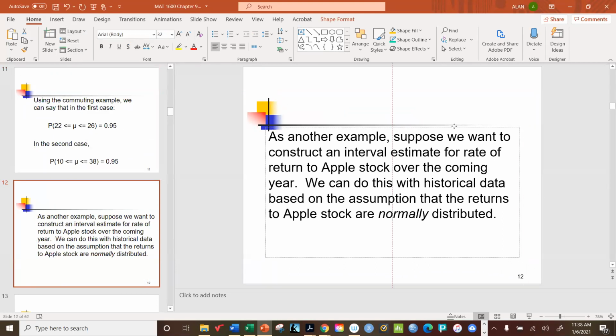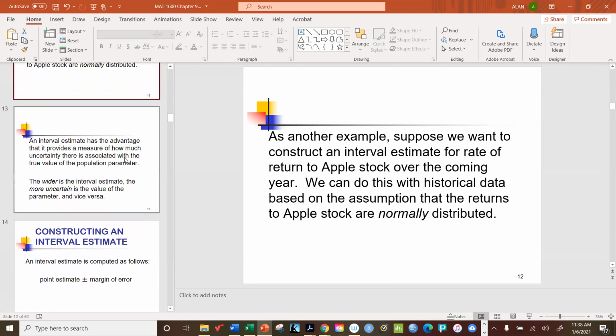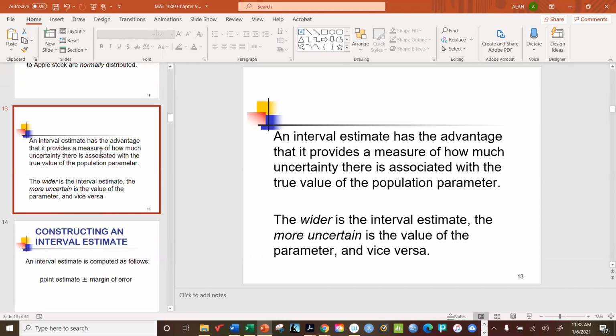All right, so here's how this is going to work. The point of all this is that the interval estimate has the advantage that it provides a measure of how much uncertainty there is associated with the true value of the population parameter. The wider the interval estimate, though, the more uncertain the parameter.